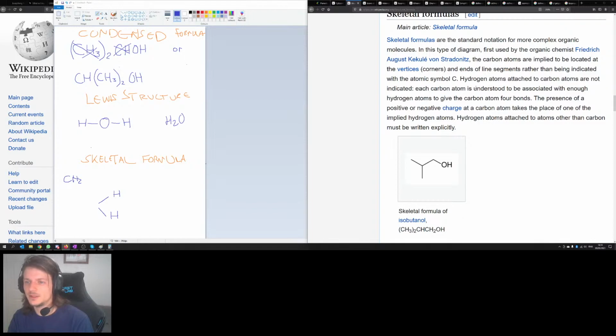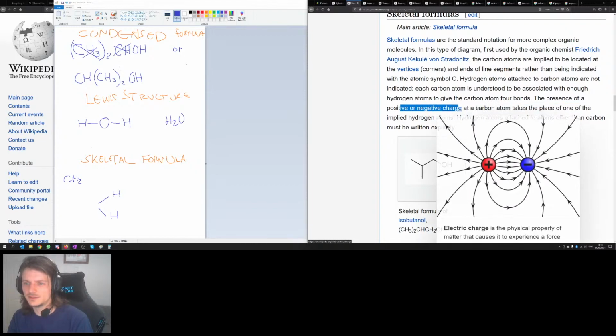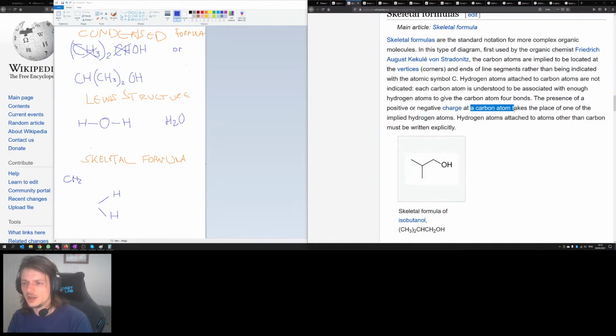Each carbon atom is understood to be associated with enough hydrogen atoms to give the carbon atom 4 bonds. The presence of a positive or negative charge at a carbon atom takes the place of one of the implied hydrogen atoms. Hydrogen atoms attached to atoms other than carbon must be written explicitly.